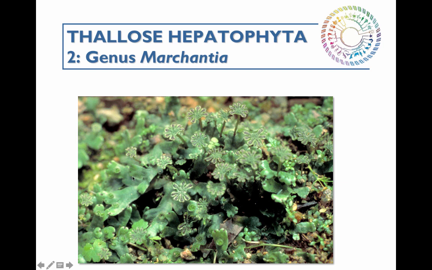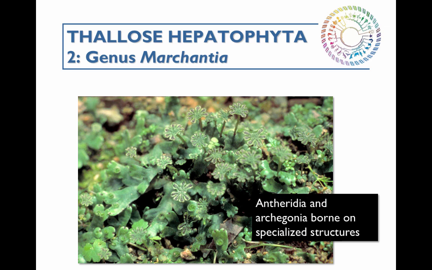Although down here on the left-hand side of the photograph, we can see the flat plate-like plant body characteristic of a thallose hepatophyta, we can also see these rather complicated structures here looking like little umbrellas raised up above the plant. These umbrella-shaped structures are specialized structures bearing the antheridia and the archegonia.